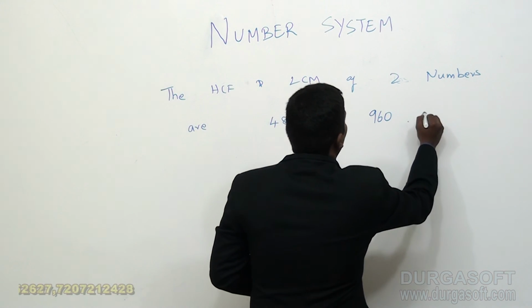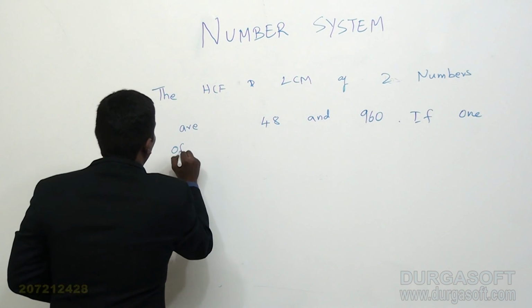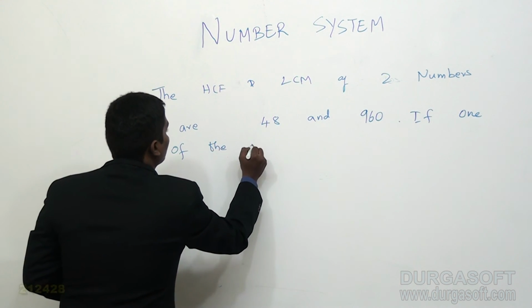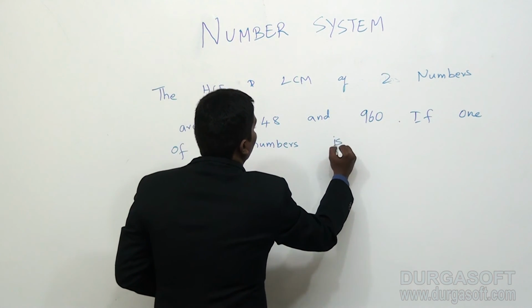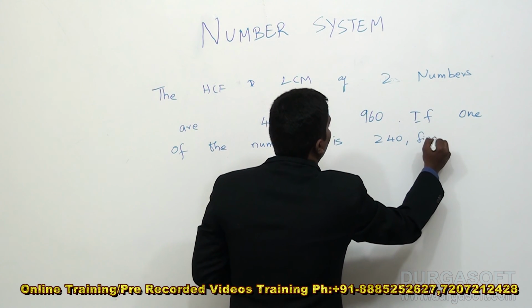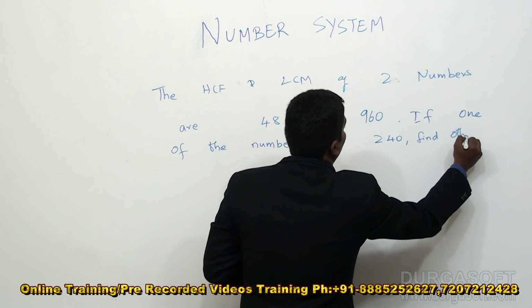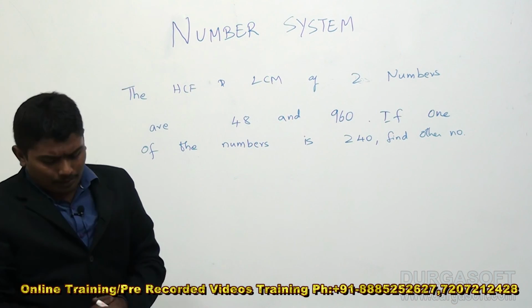If one of the numbers is 240, then find the other number. You might be getting a question like this.